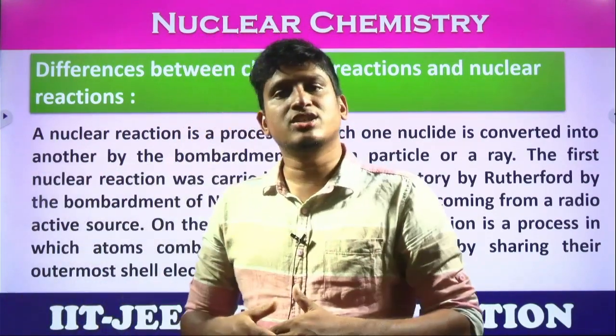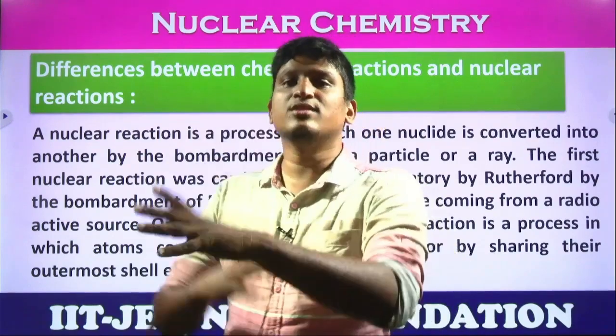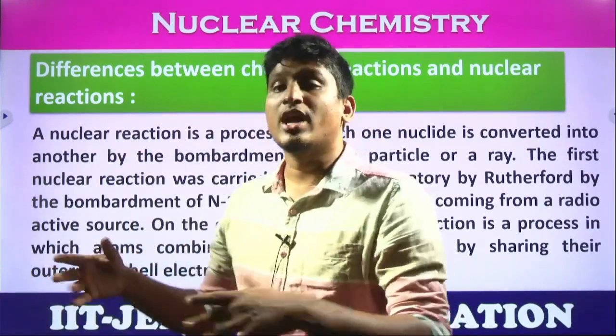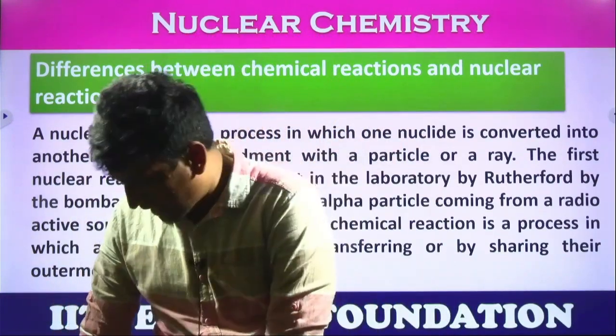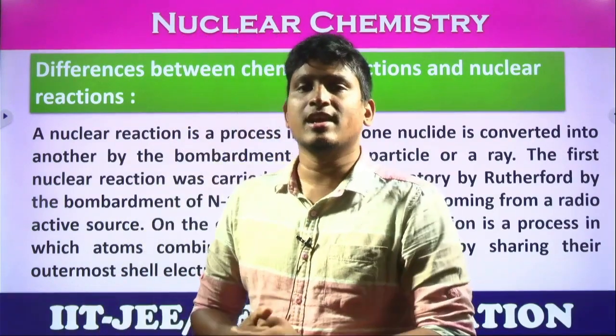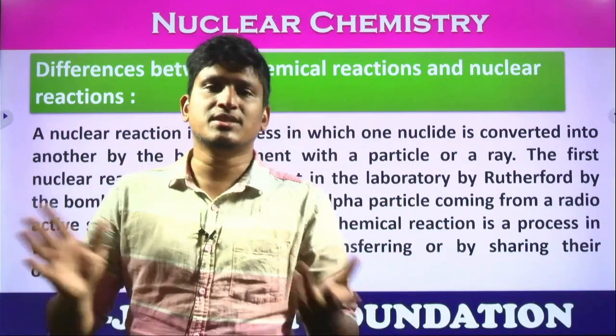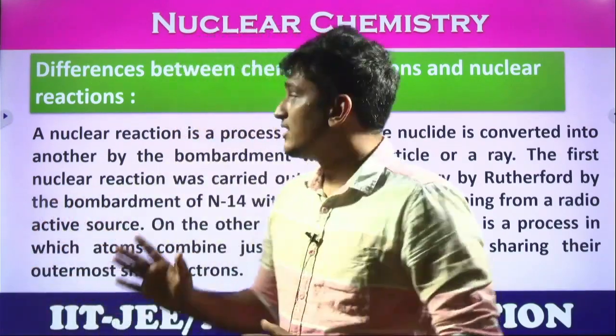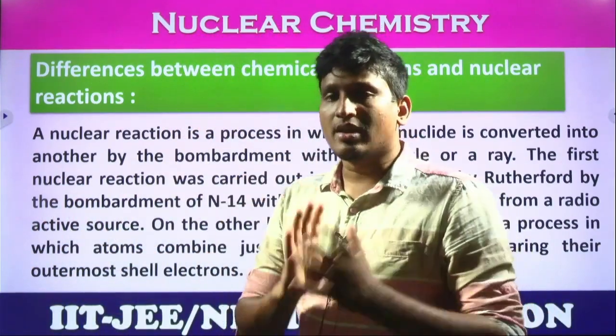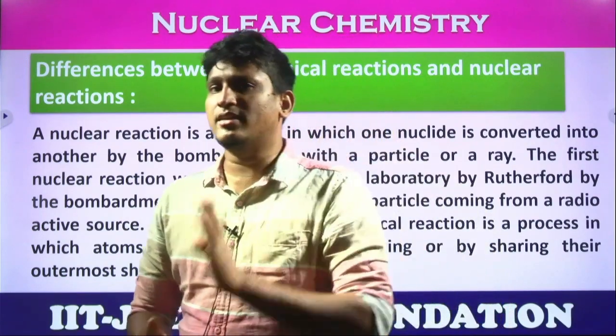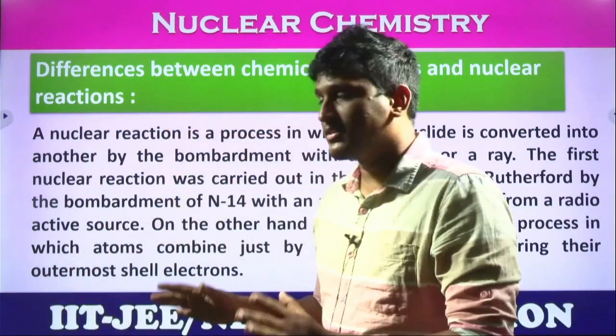In nuclear reactions, one element converts into another element. That's it. We have many types of chemical reactions, like combination, decomposition, displacement, double displacement, oxidation, reduction, reversible, irreversible. When it comes to nuclear reactions, mainly we have two significant reactions, which we'll discuss in the coming slides.